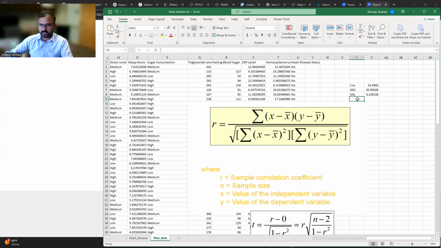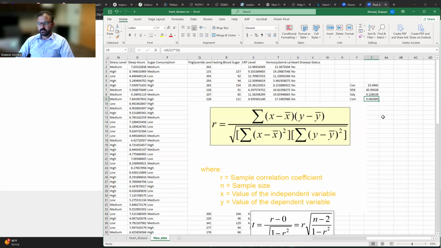Now we can find the correlation, which is just the ratio of the covariance and the product of the two standard deviations. We can just use the covariance divided by the standard deviation of X and the standard deviation of Y. The relation between the cholesterol level and BMI is very low.